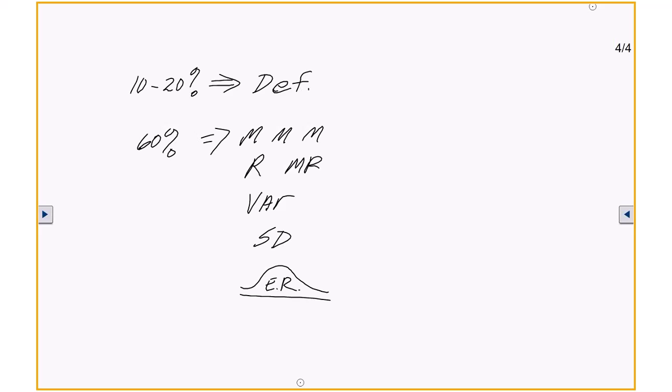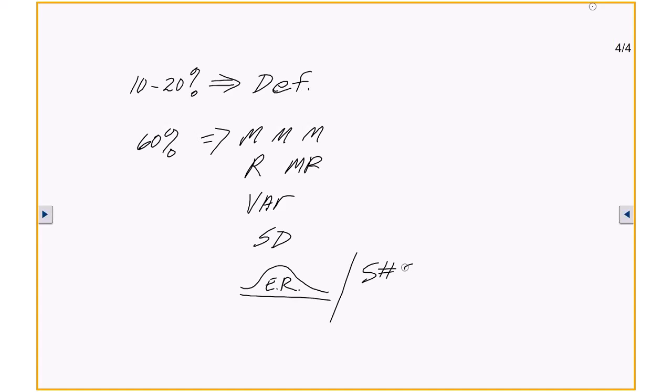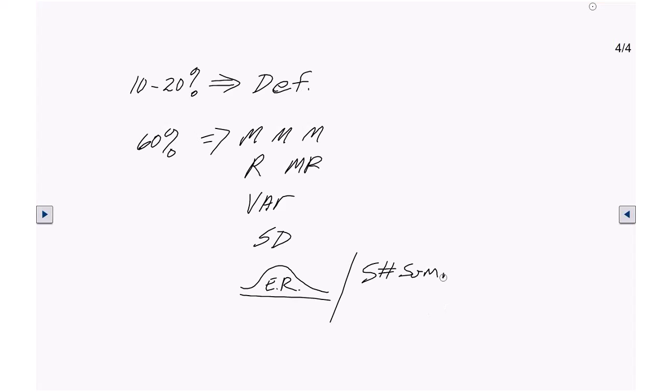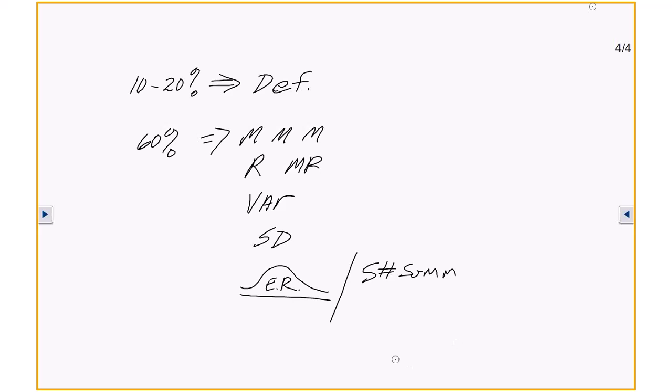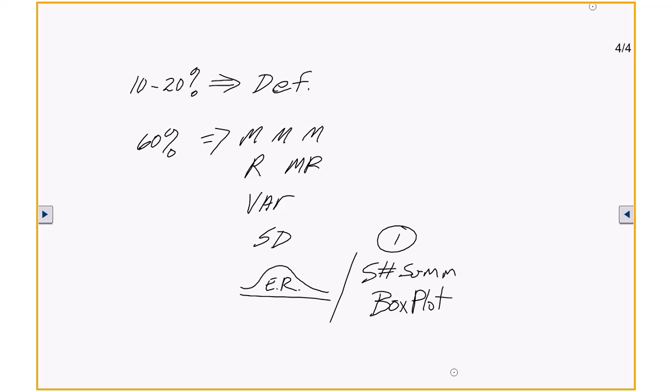Empirical. It's a miracle. Empirical rule, and 5 number what? With what? No. What comes with the 5 number summary? Box plot. You're probably talking about one question there. The rest of them will be these questions.